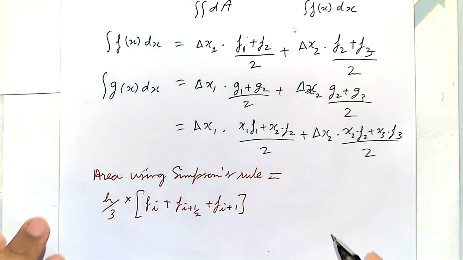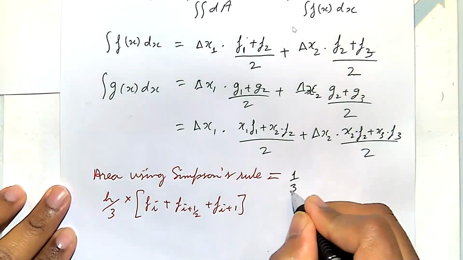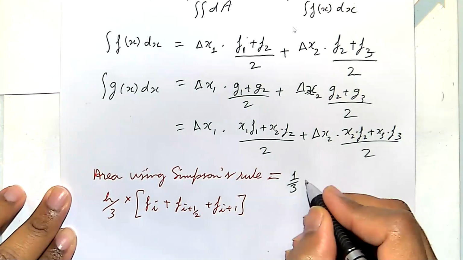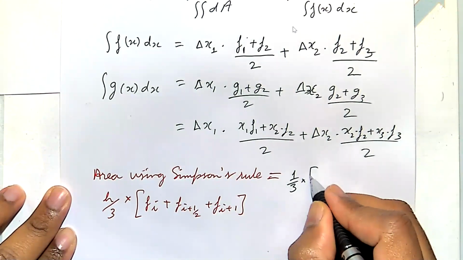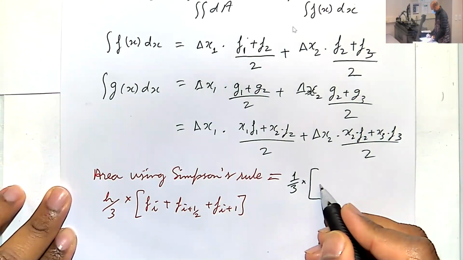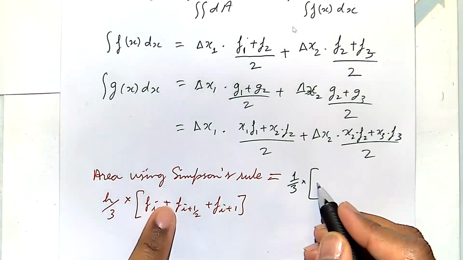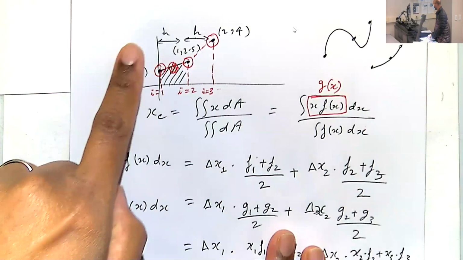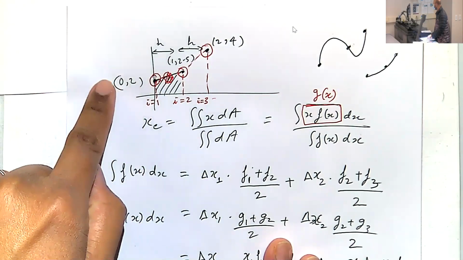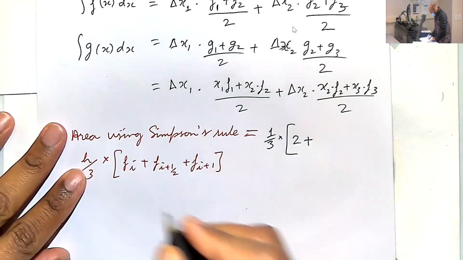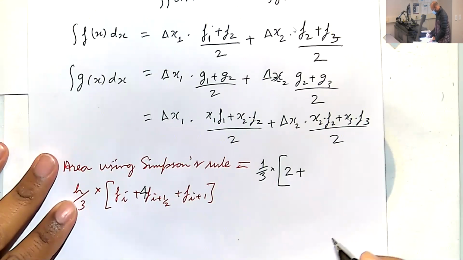So 1/3 times 2. Okay, why 2? That's f of 0. Let's see, what's i? Okay, f of 0 is 2. Plus, oh, I forgot a 4 times here. So 4 times.